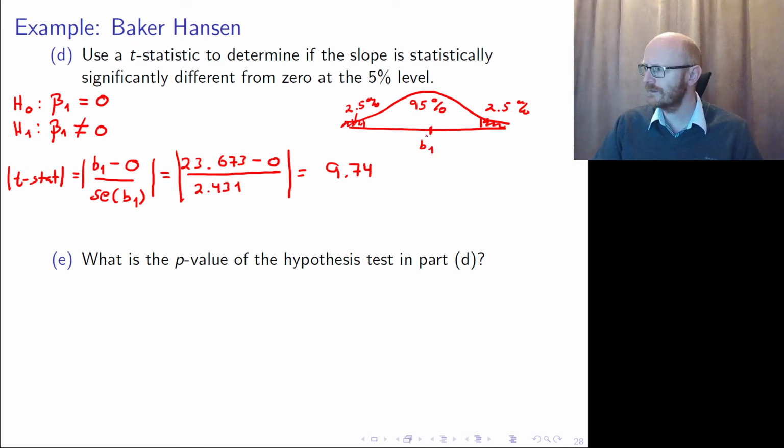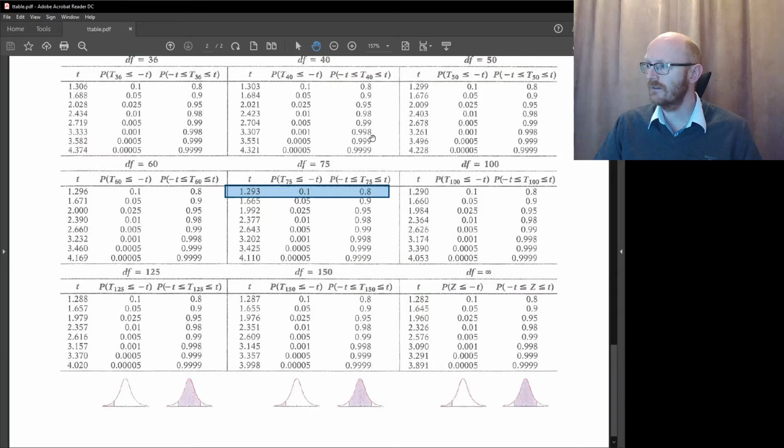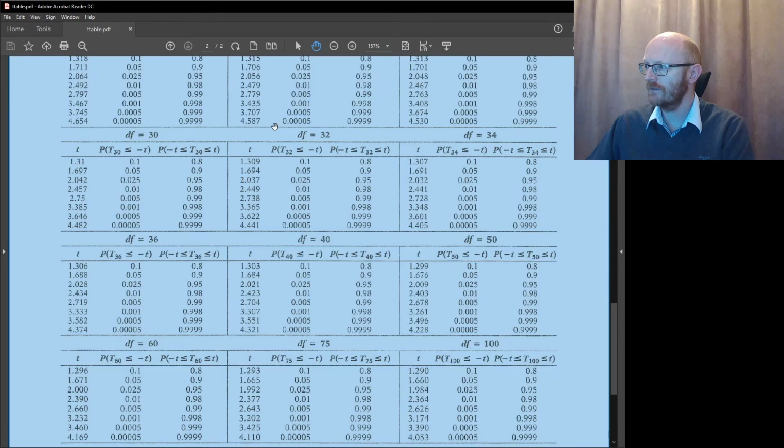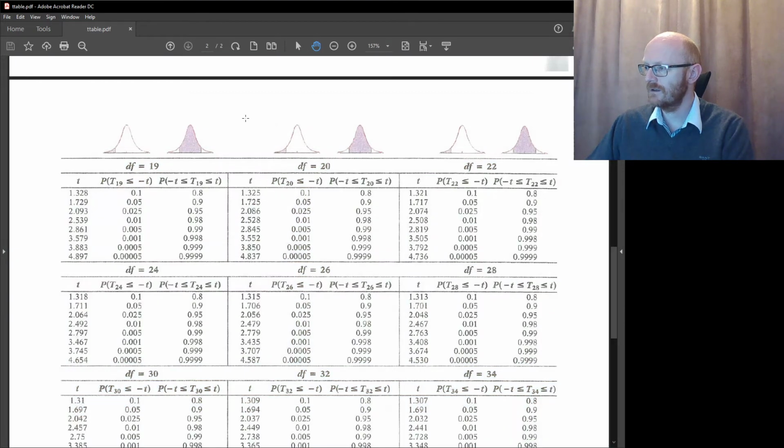And what we can do is we find the critical value in the t-table. Let's see if we have the t-table here.